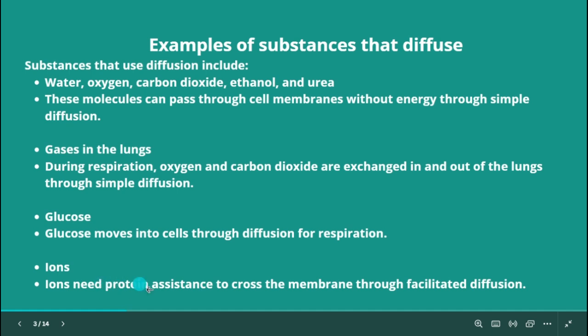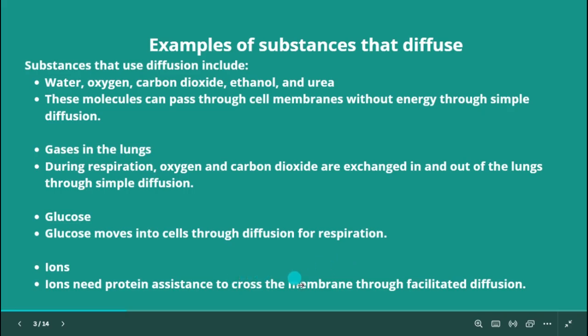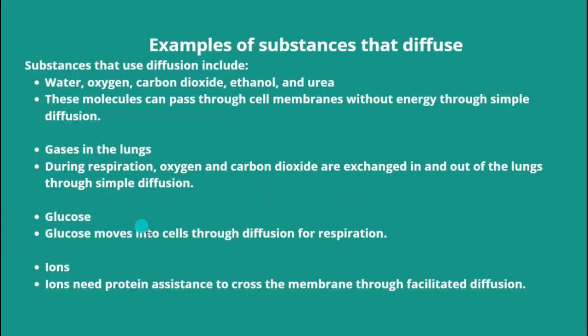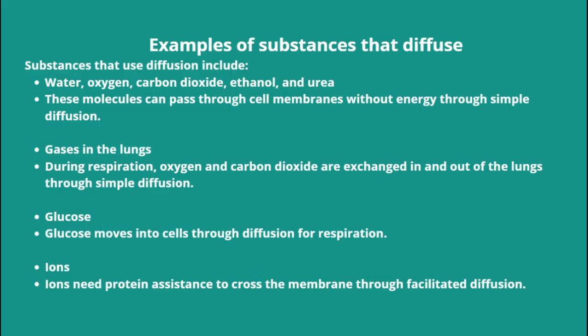And then ions also pass through the membrane, right? But they don't just go through the membrane just like that. They need help. So that's why another type of diffusion is used to get across the membrane. They use facilitated diffusion, which I'm going to get into in more detail very soon. And in the case of glucose, what gets glucose across the membrane is not necessarily just diffusion, right?